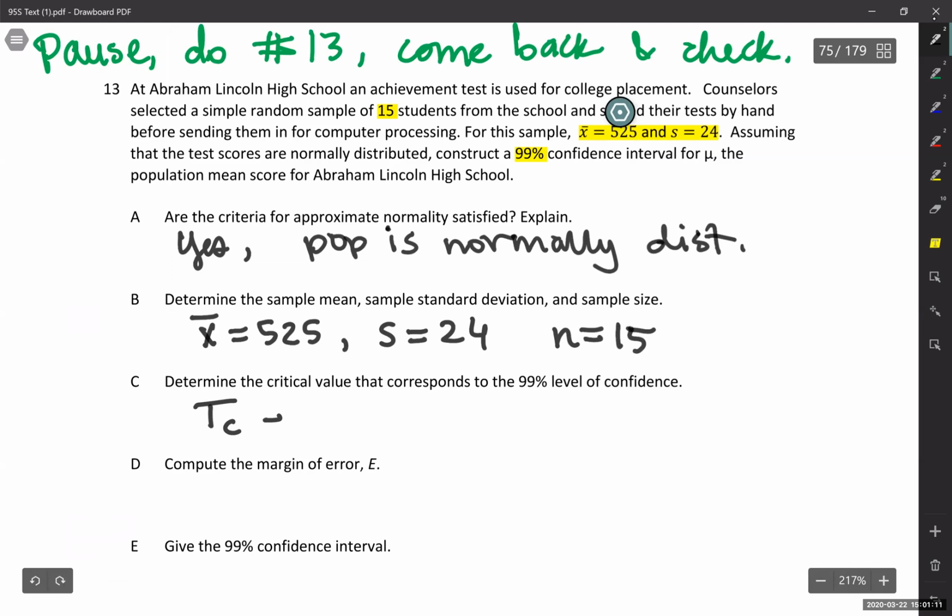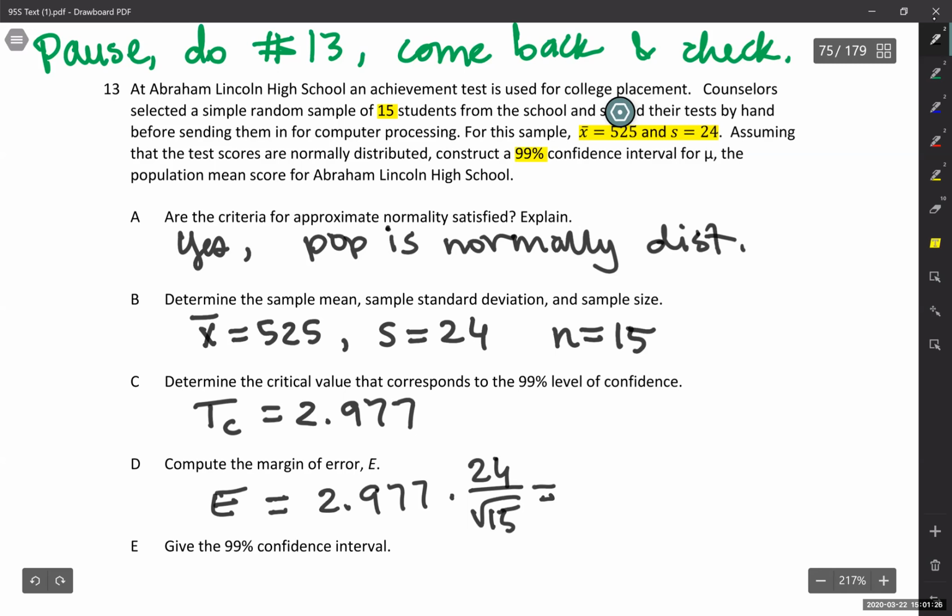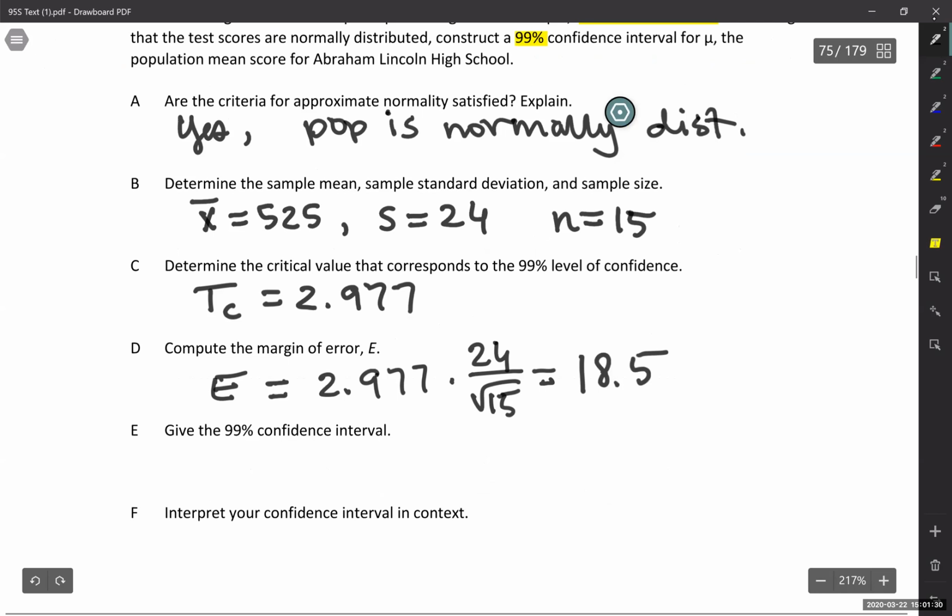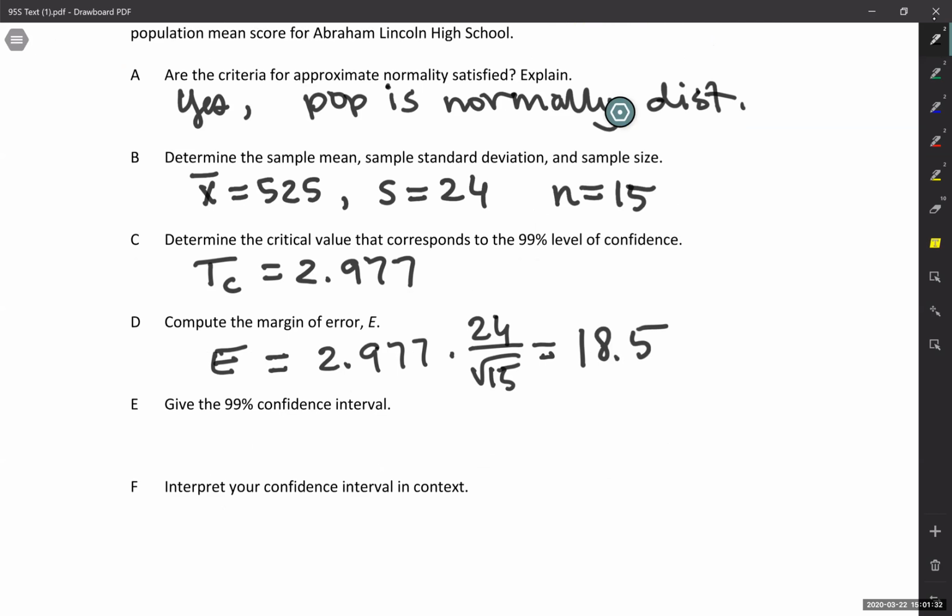So for the margin of error, calculating it using our T times S over the square root of N, and then I rounded it and got 18.5. And we want to give the confidence interval.